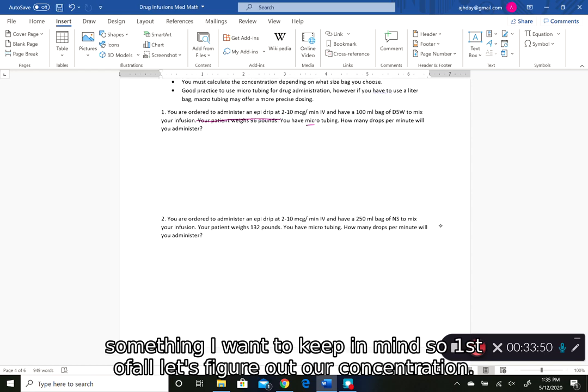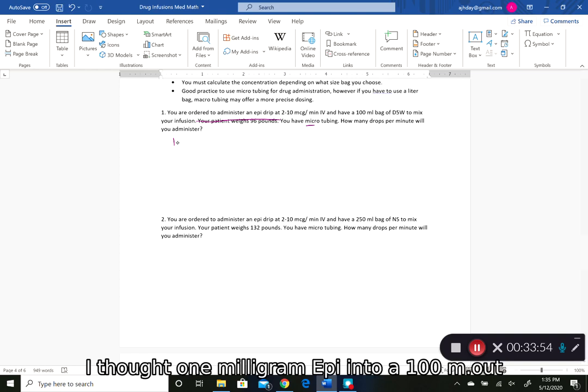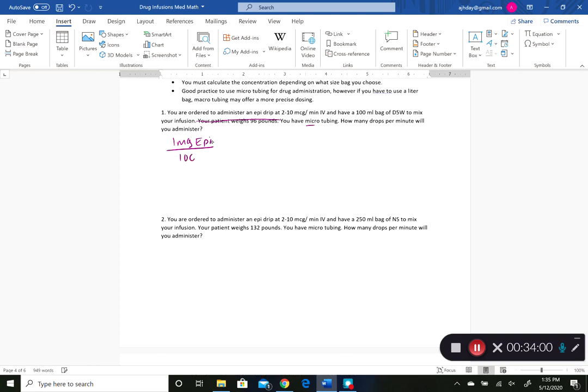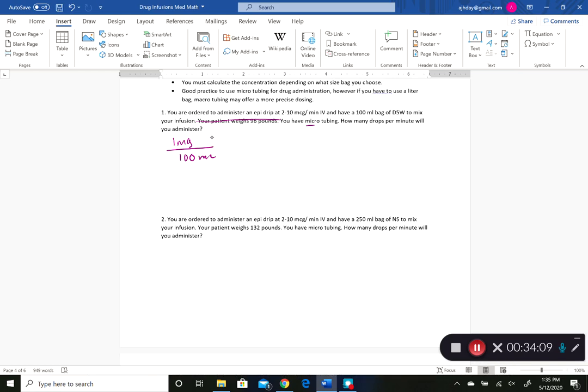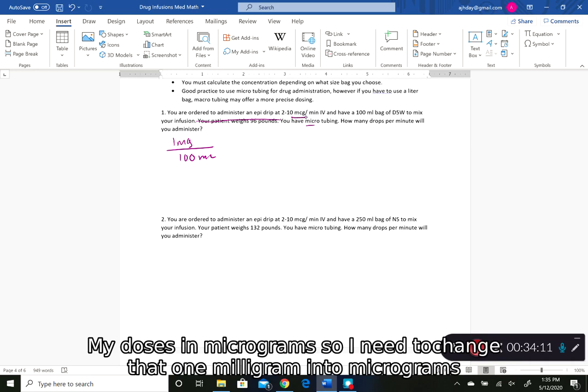So first of all, let's figure out our concentration. I've put 1 milligram of epi into 100 mLs of D5W. So I have 1 milligram in 100 mLs. My dose is in micrograms, so I need to change that 1 milligram into micrograms.